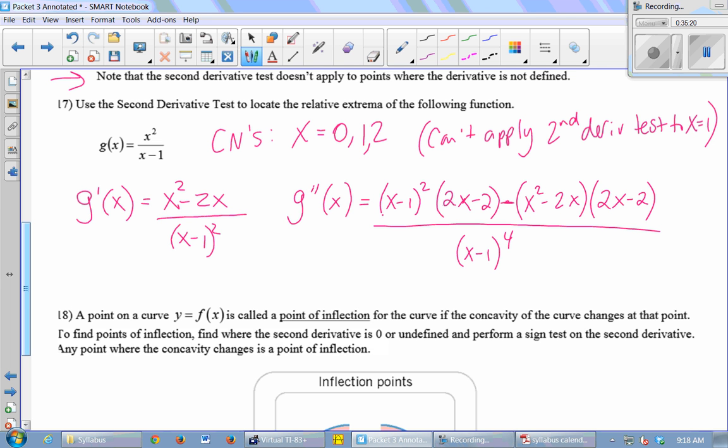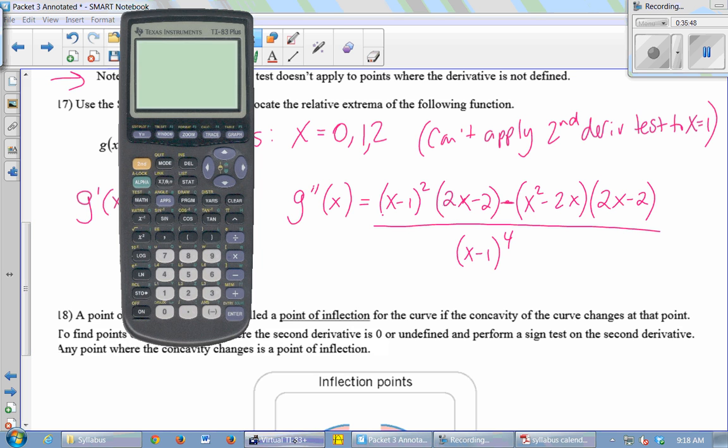So I have to analyze the sign of this at 0 and 2. Plug in 0, see what the sign is. Plug in 2, see what the sign is, because that will tell you the concavity at those points. I could simplify it, but all I'm doing is plugging in numbers, so it might not be worth the effort. I can just have my calculator do all the work here.